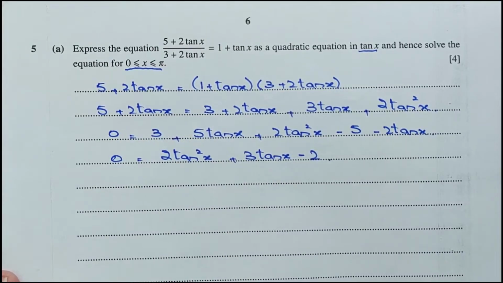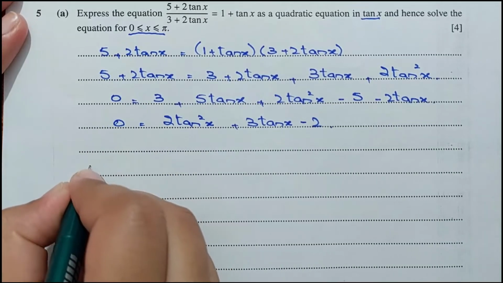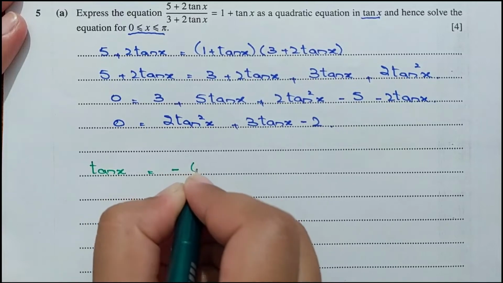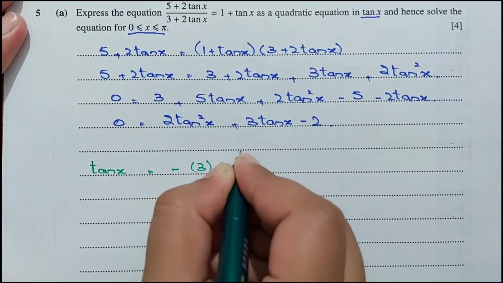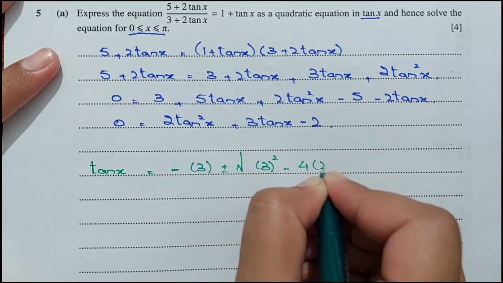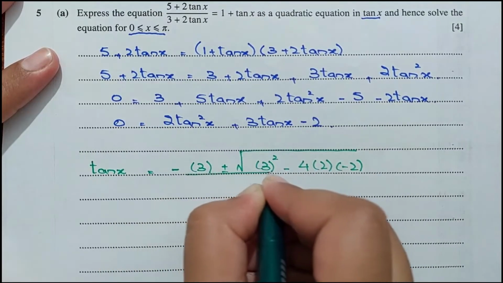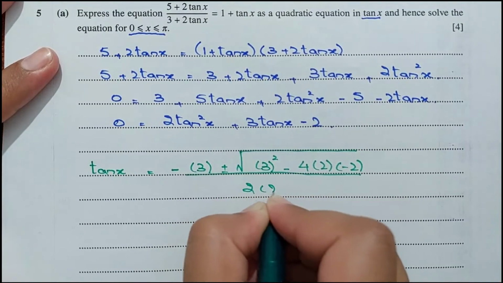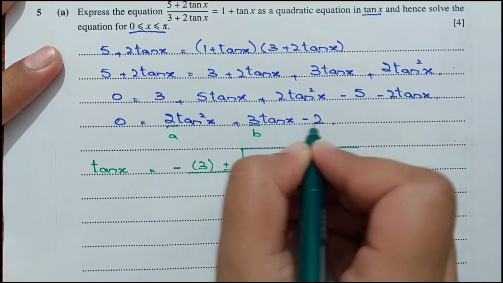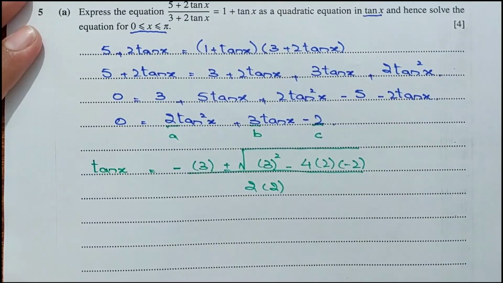Okay, to solve this equation, apply the quadratic formula, obviously. From the quadratic formula, tan x equals minus b, which is 3, plus or minus the square root of b square, which is 3 square, minus 4 times a times c, divided by 2 times a, which is 2. So this is a, this is my b, and this is my c. Now let me simplify this.